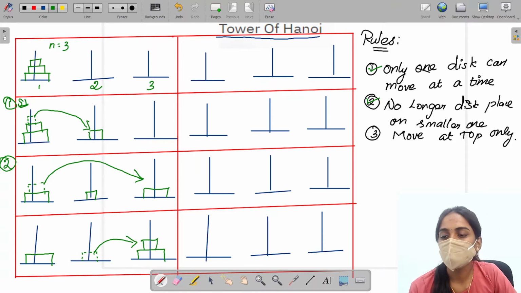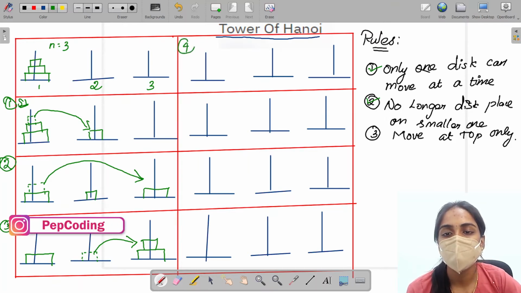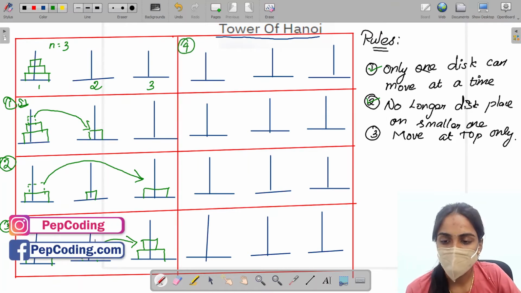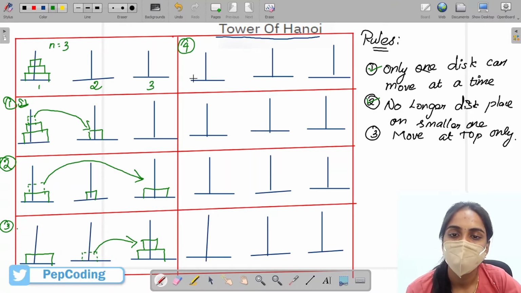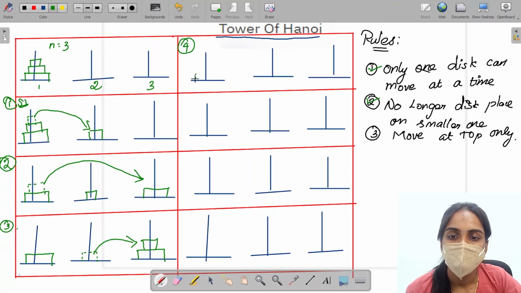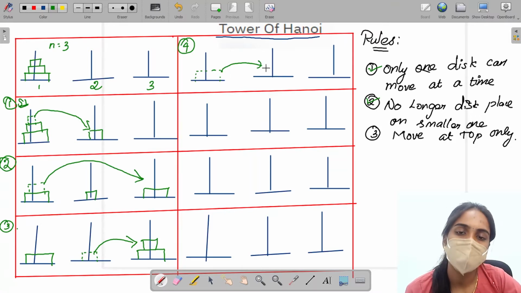This is my third move. My fourth move will be to place this largest disc into tower 2.